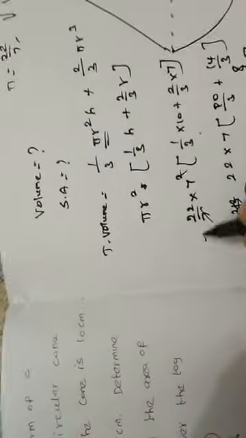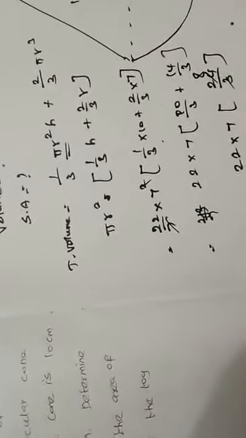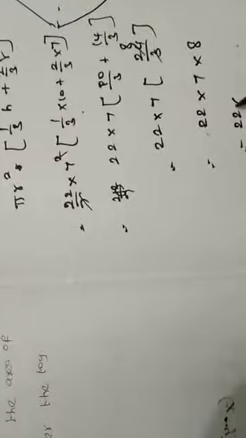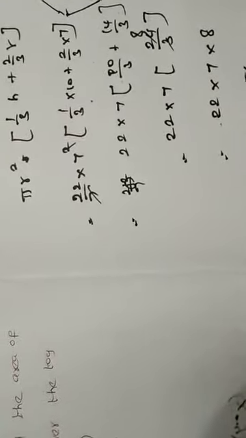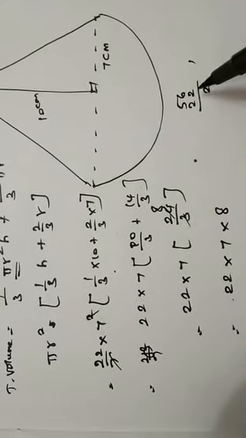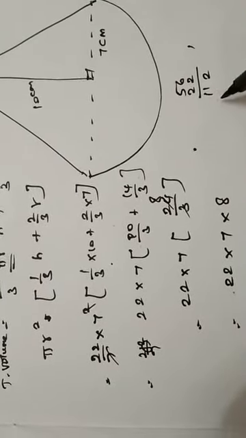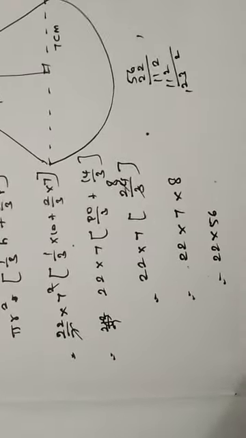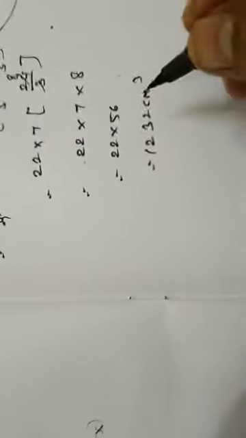So finally we can get 22 into 7 into 8, that is 22 into 56, 56 into 22, 1232 centimeter cube.